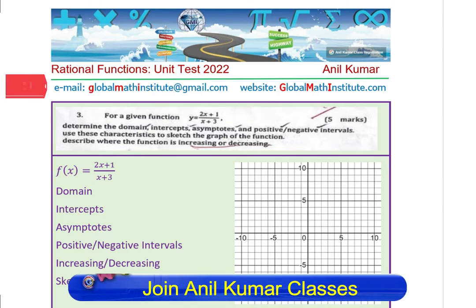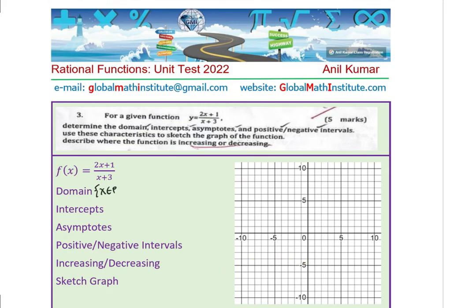So let me write down now the information which we got, and that is we have domain is x belongs to real numbers where x is not equal to minus 3, and we also calculated intercepts.